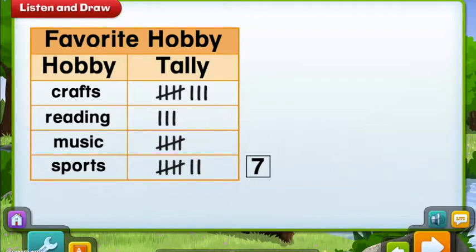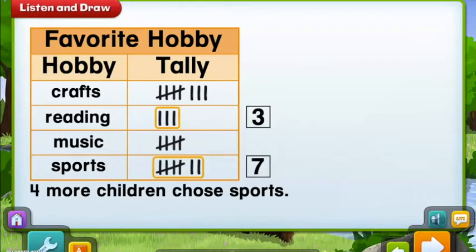Next, let's count the number of children who chose reading as their favorite hobby. 1, 2, 3. There are 3 tally marks for reading. 3 students chose reading as their favorite hobby. You can see that there are 4 more tally marks in the row for sports, so 4 more children chose sports than reading.